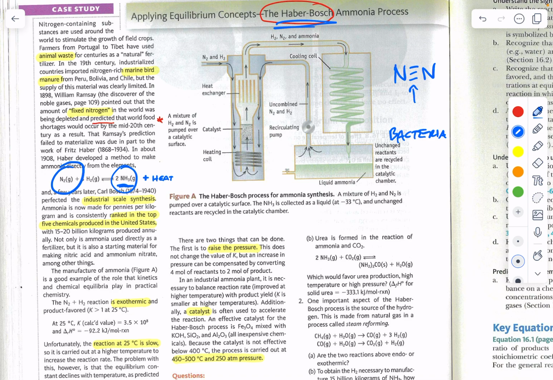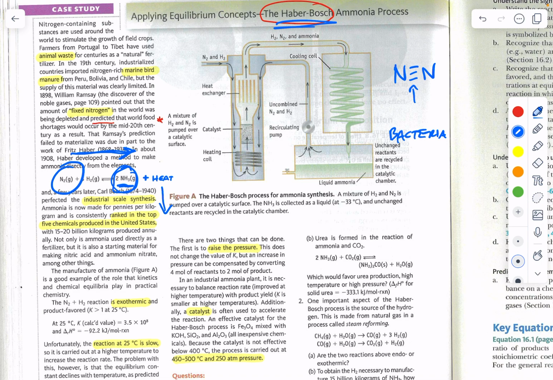In any case, how does this show Le Chatelier's principle? In showing Le Chatelier's principle, this reaction is exothermic. So if we wanted to produce more ammonia, we would want this reaction to go to the right, which means we would want to cool the reaction down, make it very cold, so that the reaction would go to the right to replenish some of that heat, and in the process make ammonia.